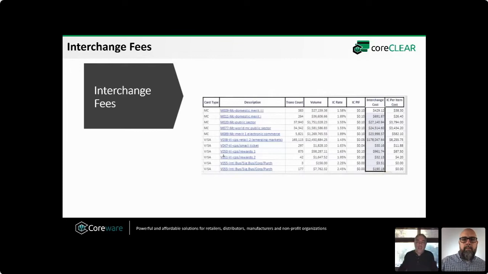So I just pulled an example of a statement with some rates that you'll see. These are just the different types of cards. Again, this is just a small representation. In this case, we've got some MasterCards and some Visa cards. You'll see there are different levels of rewards cards, and each one has a different rate.